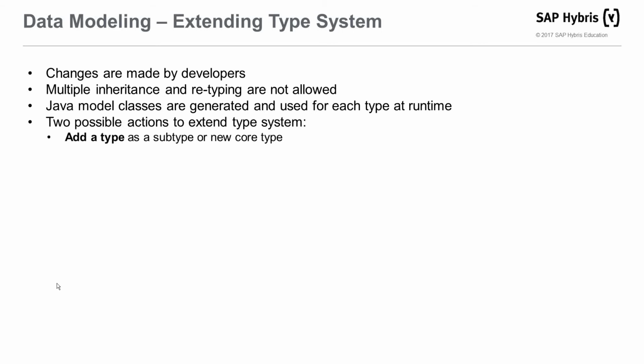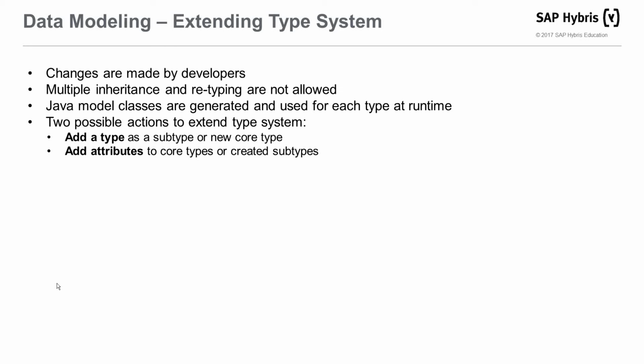You can create a subtype of an existing type or create a completely new core type. You can also add attributes to existing core types and subtypes. Give careful consideration to the level at which you make these changes and how you combine these strategies. Here is a simple example of extending the type system.